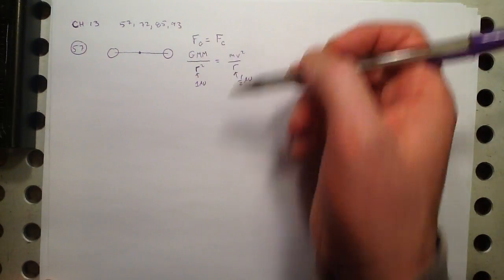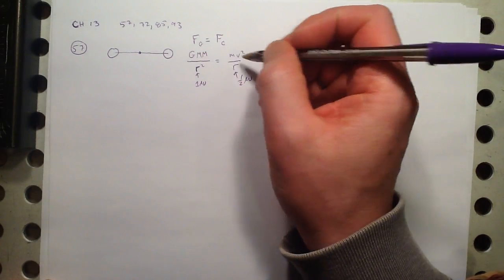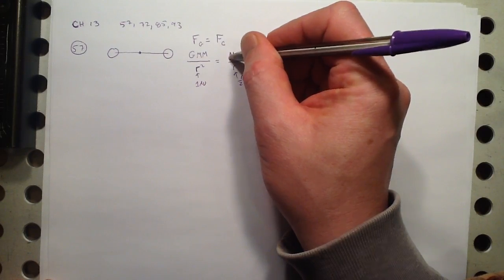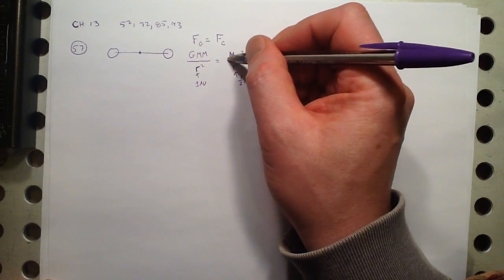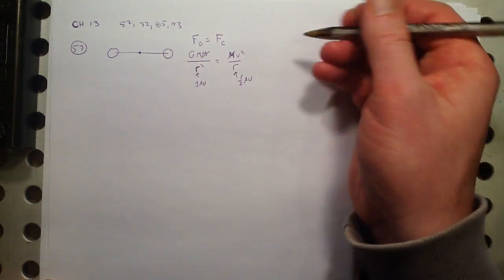You could go ahead and start plugging numbers in here, but it might be kind of fun to play with this and get a general expression. So one of the m's cancels, and let's see what we have from there.